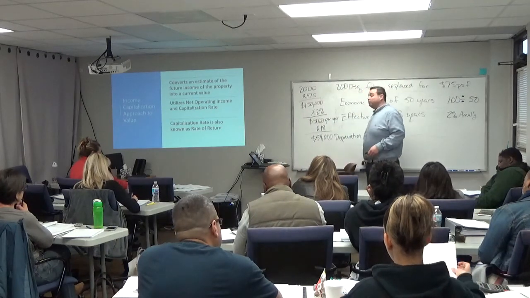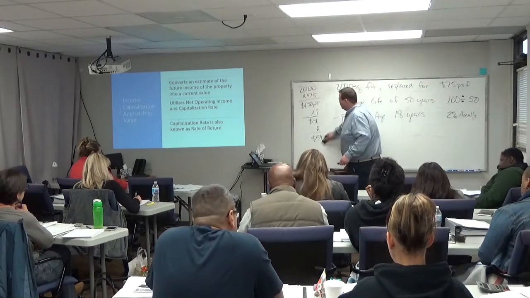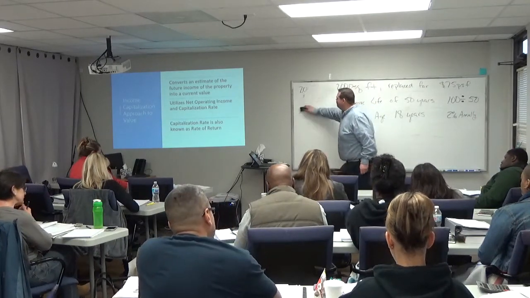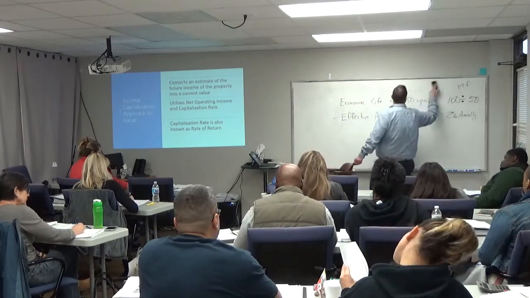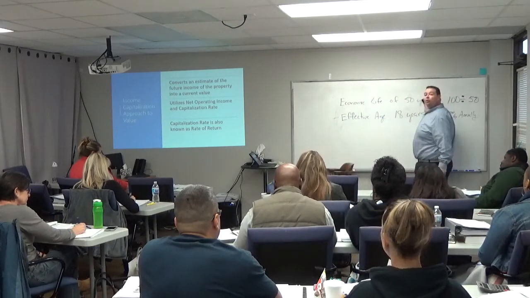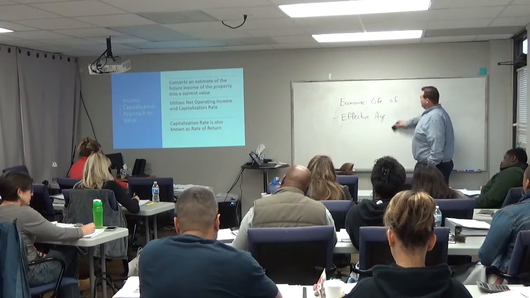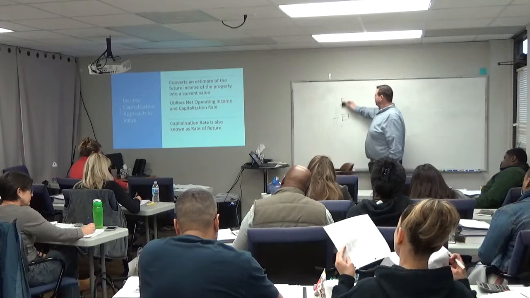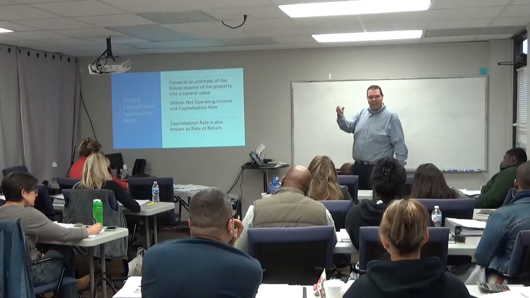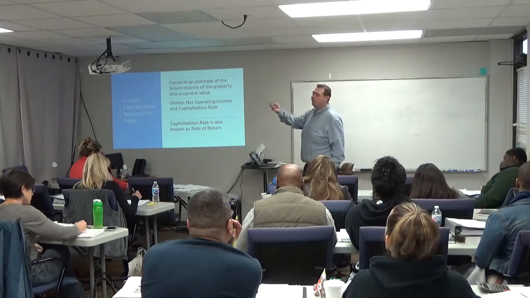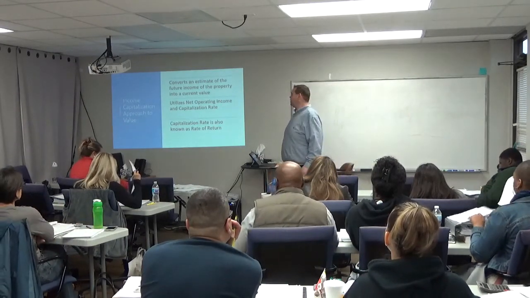We also use something called a capitalization rate. A capitalization rate is just how fast I'm getting my investment back. Another way to look at that is, that's my rate of return on the property. As an investor, I care about how fast my investment is coming back to me. Does that make sense for everybody? And that's what the capitalization rate is.